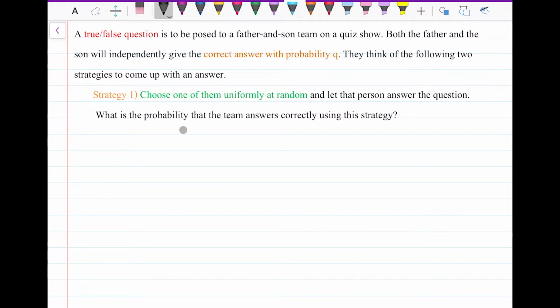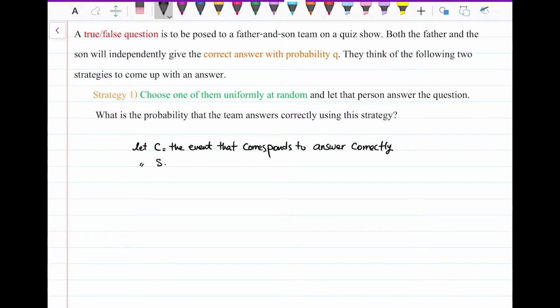Okay, so now that I want to solve this question, let's define the events. Let C be the event that corresponds to answering correctly.